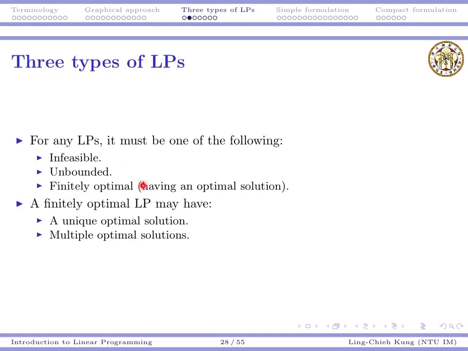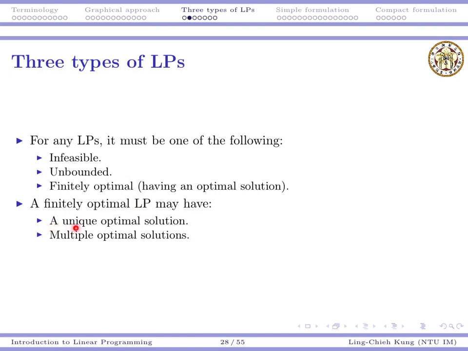Okay? For finitely optimal, we mean there is an optimal solution. For infeasible, that means there is no feasible solution. And for unbounded, that means there are feasible solutions, but there is no optimal solution. We're going to see the details later. Also, a finitely optimal linear program may be in one of the following situations.